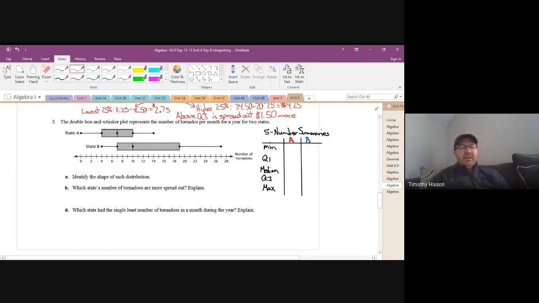State A had a minimum of 0, and actually I'm going to go ahead and fill these in as we go. I'm going to identify the 5-number summary. So it had a minimum of 0. So 1 month there were no tornadoes. The first quartile was 4.